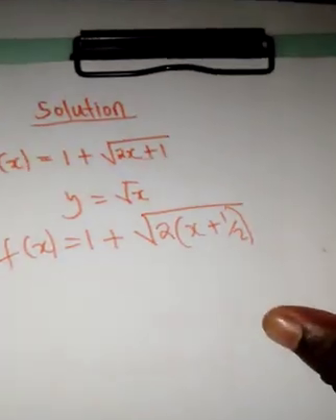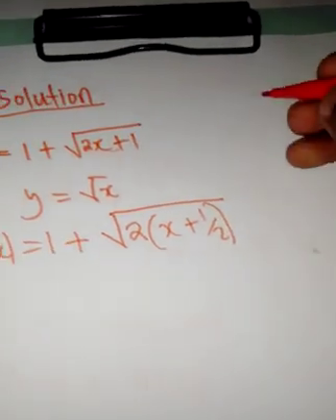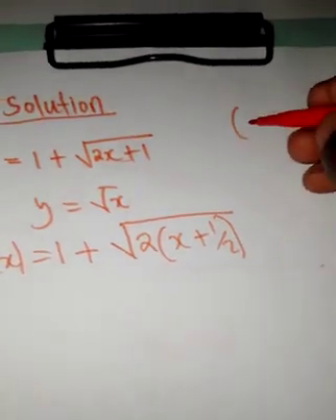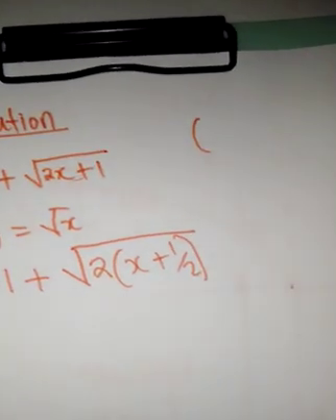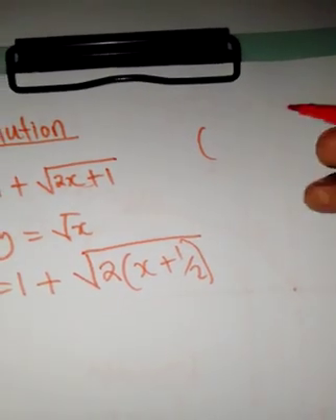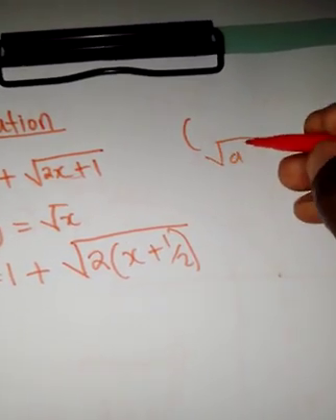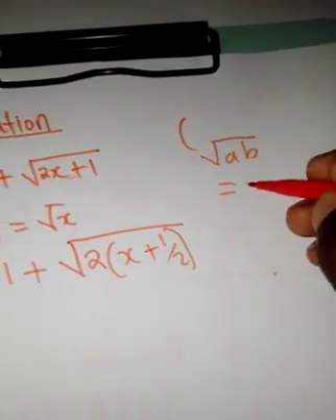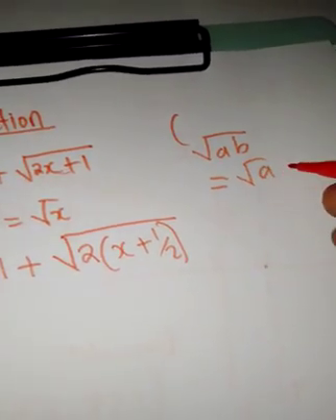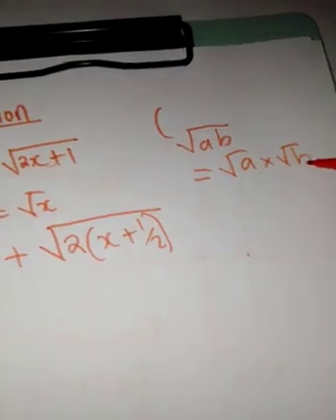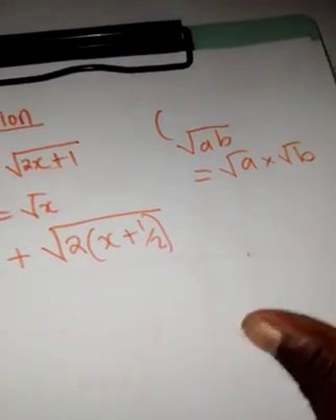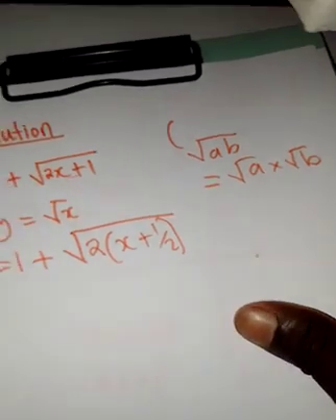Then we won't just end here. Remember these laws of indices. Or instead of saying indices, let's use radicals. If you have root of ab, this is equal to root of a multiplied by root of b, provided a and b are actually positive.